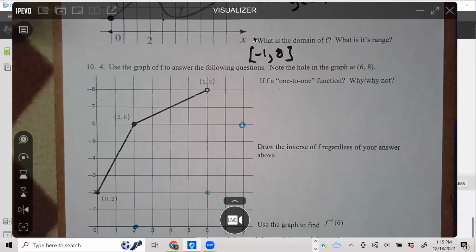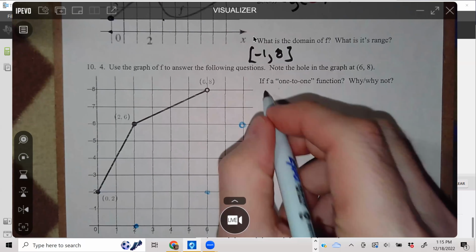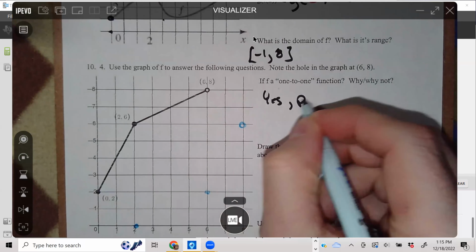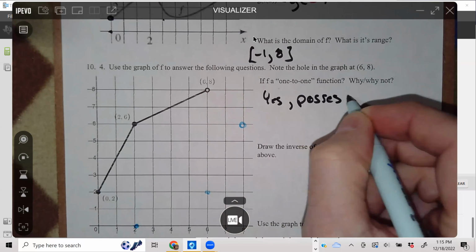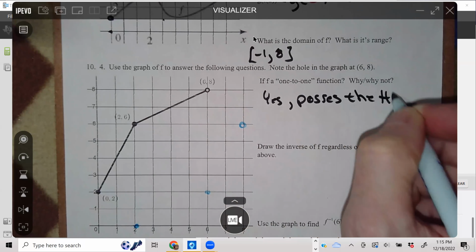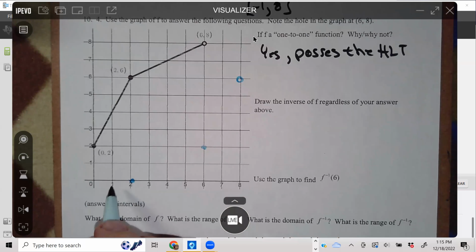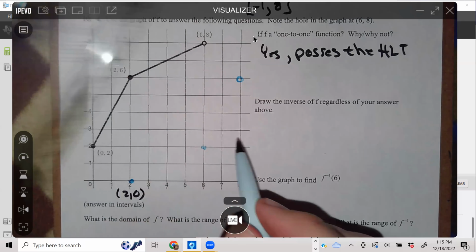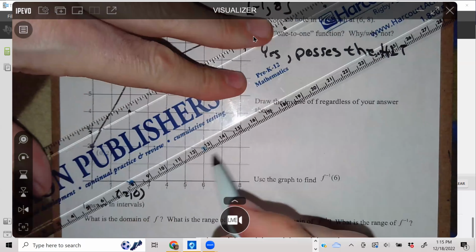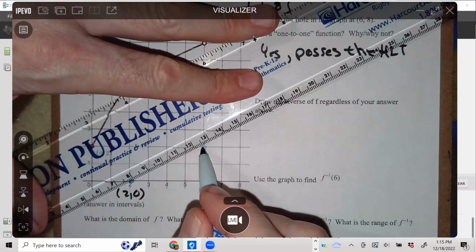Is this a one-to-one function? Yes. Passes the horizontal line test. So let's just call that the HLT. As far as the inverse is concerned, instead of the point 0, 2, we're going to draw the point 2, 0. Instead of the point 2, 6, we're going to draw the point 6, 2, and so on. And then just connect the dots.